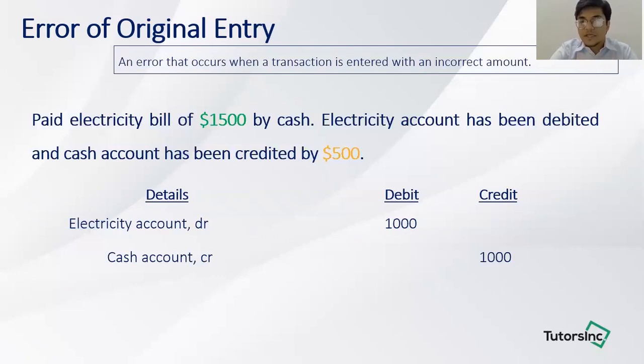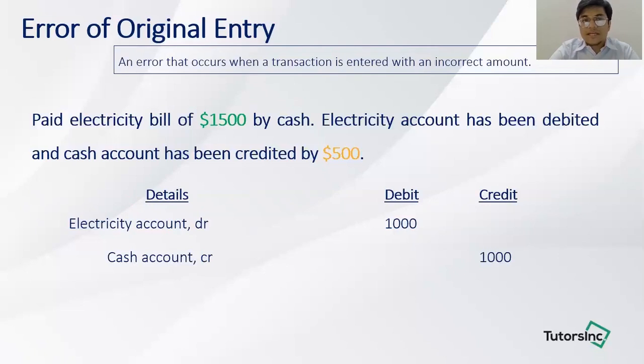So we have included $1,000 in the debit side of electricity account, where $500 was already debited before. And the same thing has also been done with the cash account, where we have credited $1,000 and the $500 was credited before, so both of them add up to become $1,500.